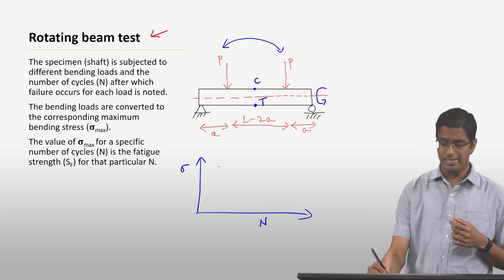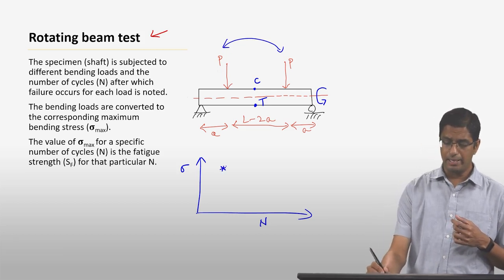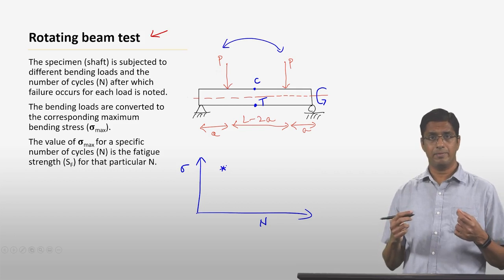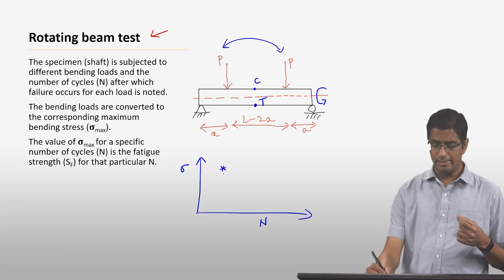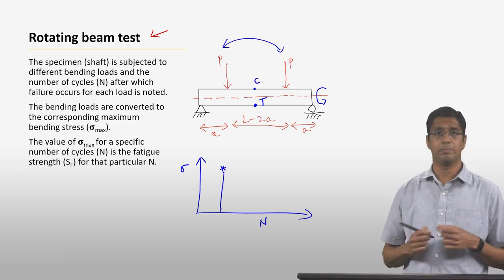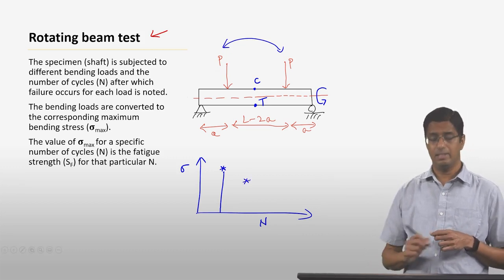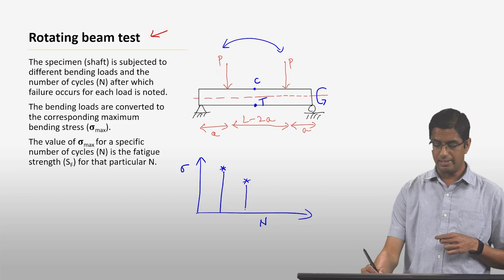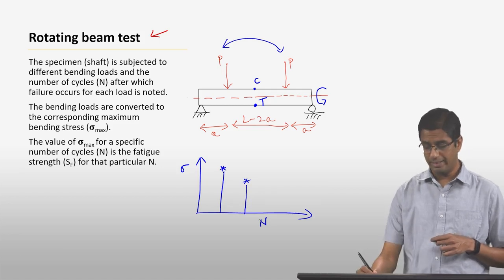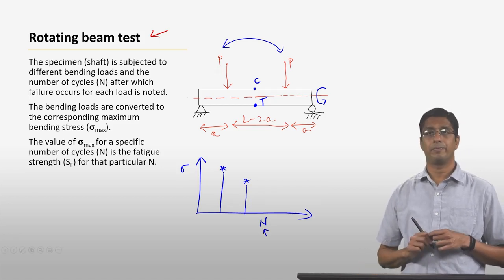So typically what you'll see is that if you apply a large sigma, then the number of cycles it takes for it to fail is small. If you apply a smaller sigma, then the number of cycles it takes for it to fail, which is N, is going to be larger.